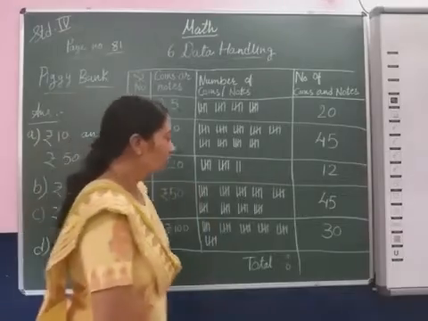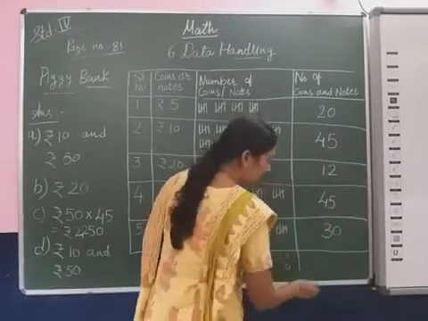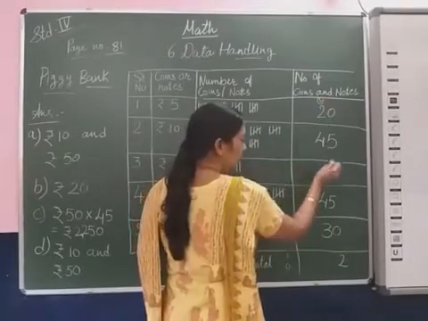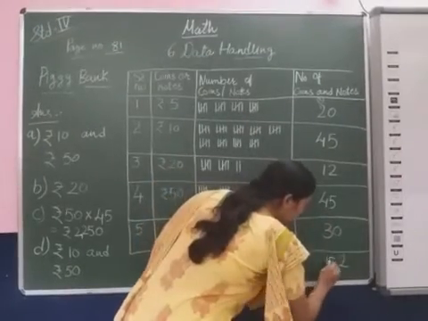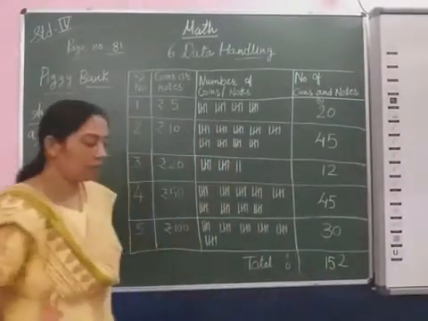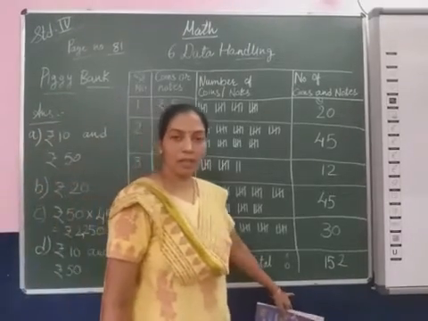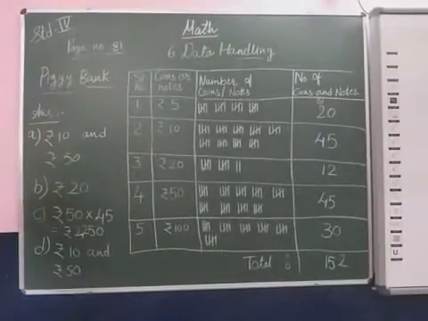So we will count this number: 5, 10, 10 plus 2, 12, 3, 7, 8, 12, 15. So the total number of notes or coins he saved in his piggy bank is 152.